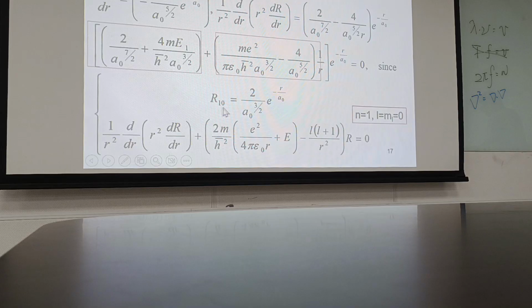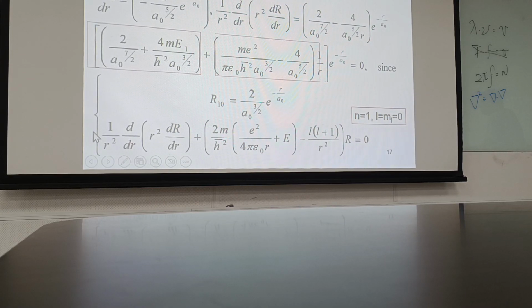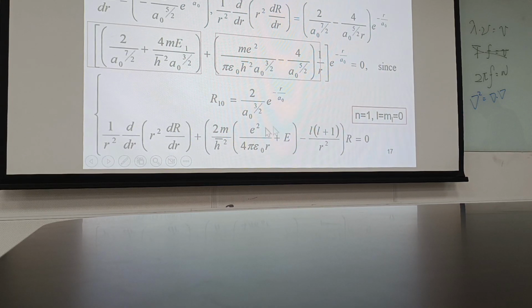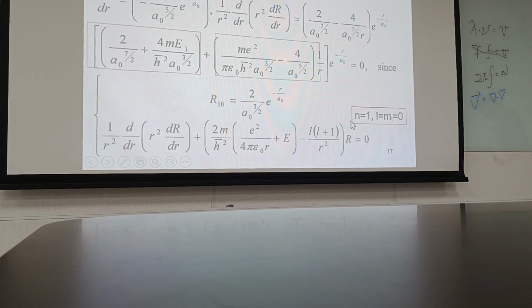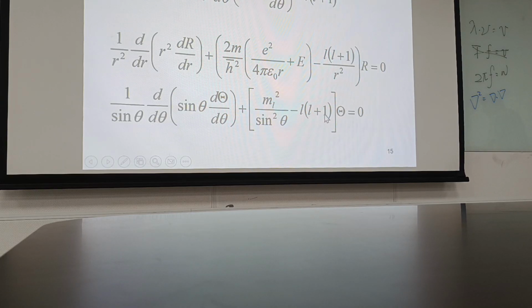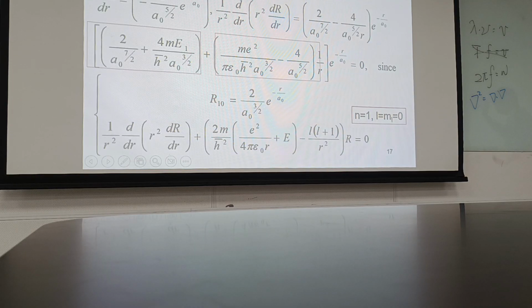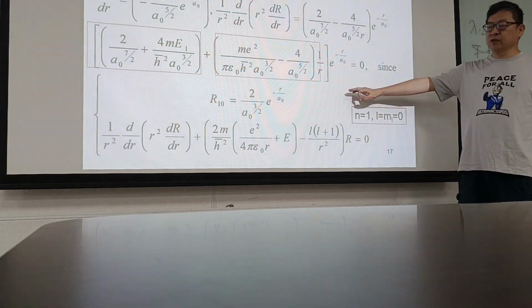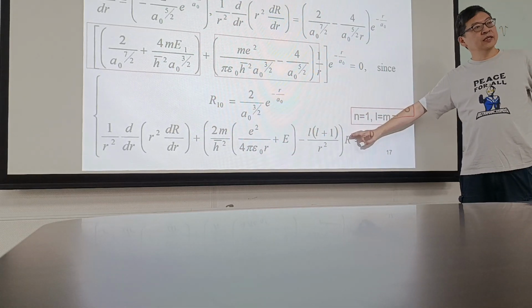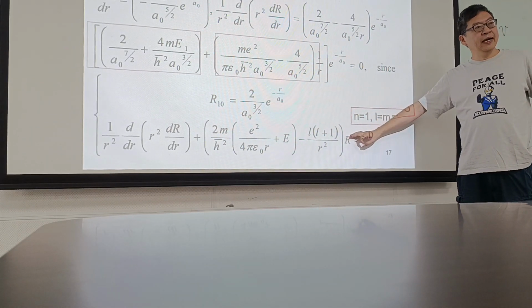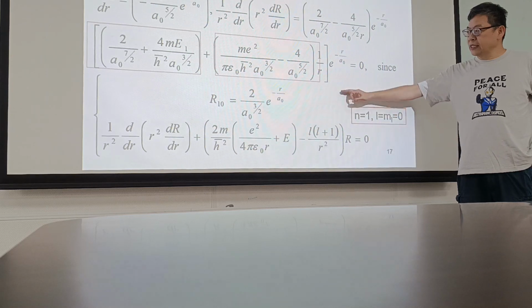And this is the equation. Also, this is the Schrödinger equation we just derived from here. So we have these two clues. This is R100, and this is the Schrödinger equation. We put these two things together.